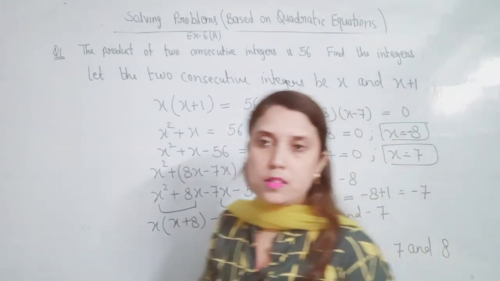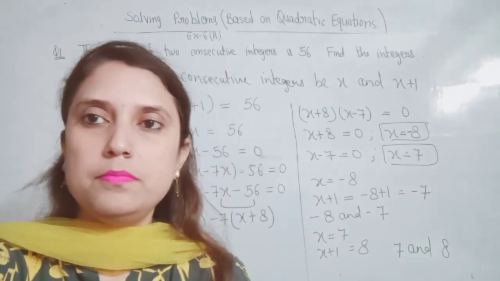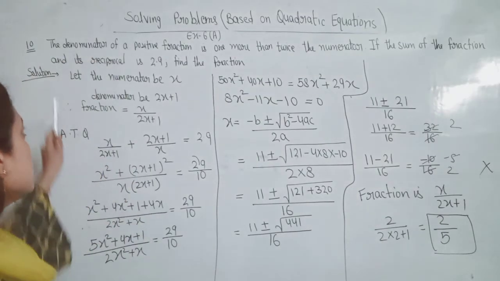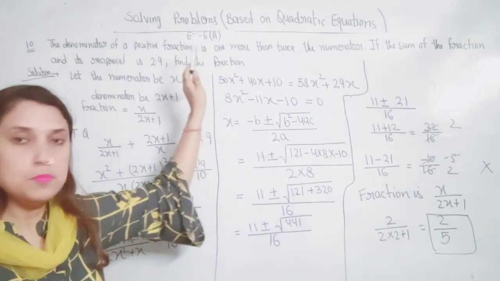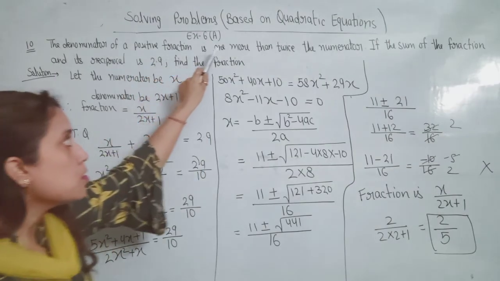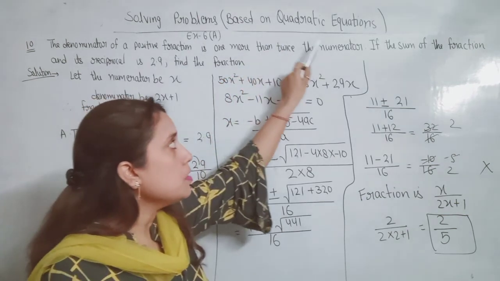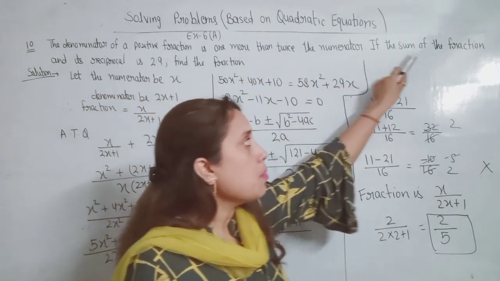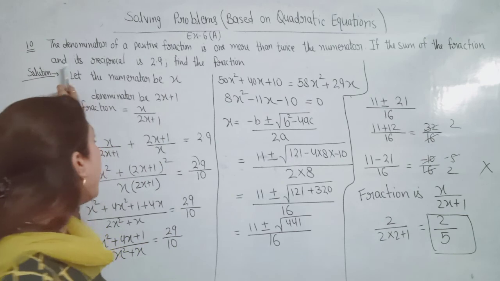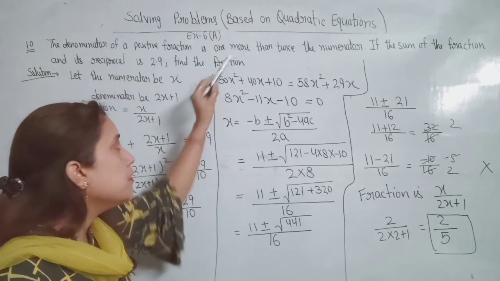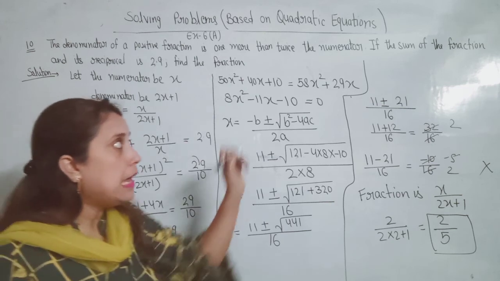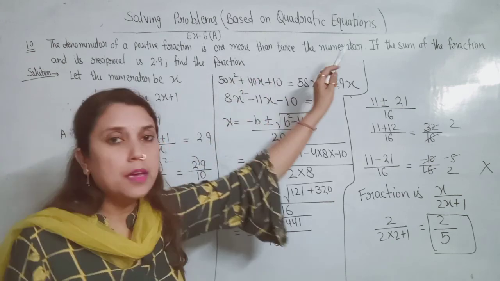Now let's do the next question. The question is, the denominator of a positive fraction is 1 more than twice the numerator. If the sum of the fraction and its reciprocal is 2.9, find the fraction. So first we let the numerator be x.